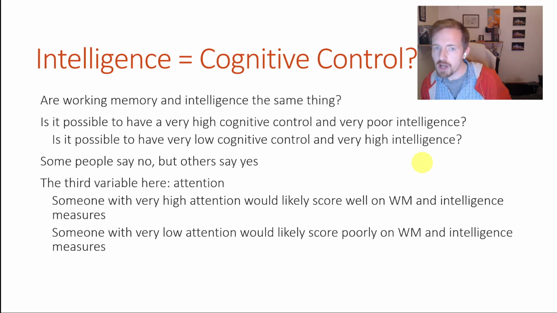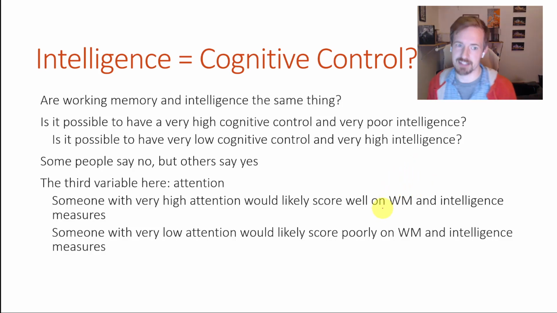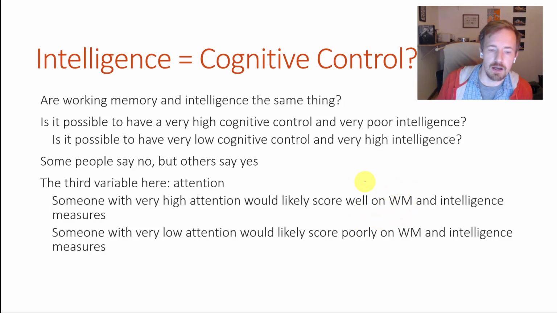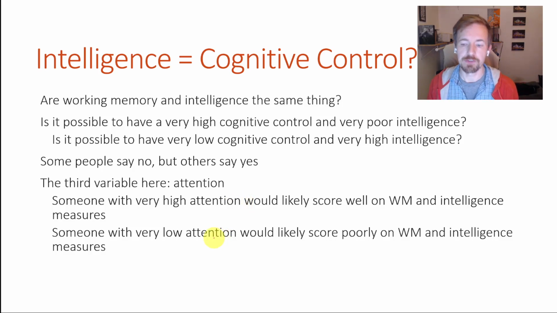So when we talk about working memory, we have to really be careful about how we're talking about measuring it, because some really smart people have emphasized this and made a career out of challenging this notion that attention is necessary for working memory, that you can't really do a working memory task without attention.